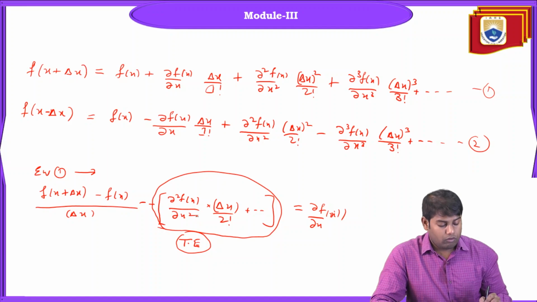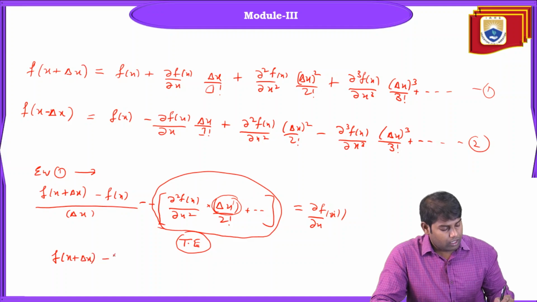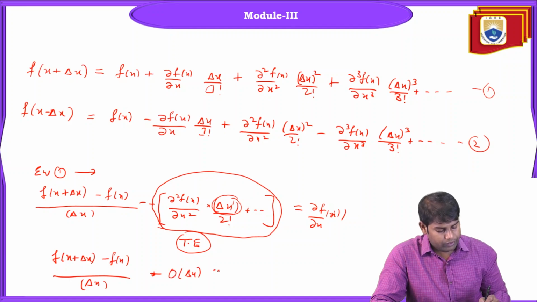Now, if we want to define the order of accuracy of the scheme, look at the first derivative term that is left over. Here you can see delta x to the power 1. Therefore, f of x plus delta x minus f of x divided by delta x, plus order of delta x, is equal to dou f by dou x of f of x.